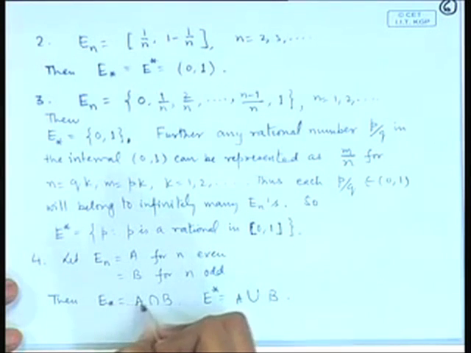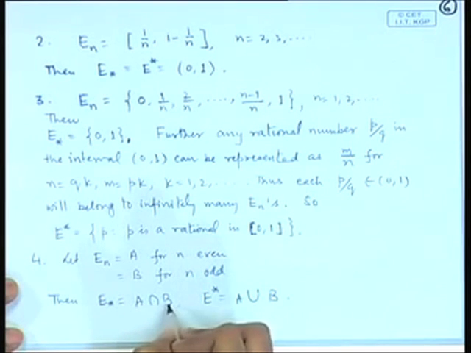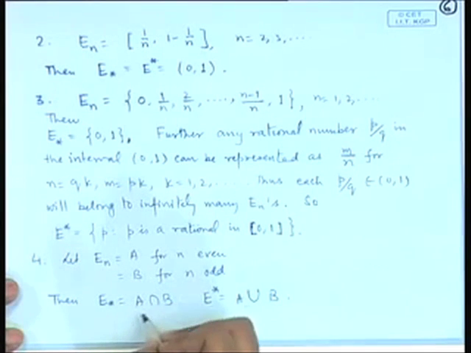Then E lower star is the set of points which are common to both A and B, because if we consider a point which belongs to both of them, then for all but finitely many sets En, x will belong to them. However, if a point is not in one of A and B, then for infinitely many values of n it will not belong.